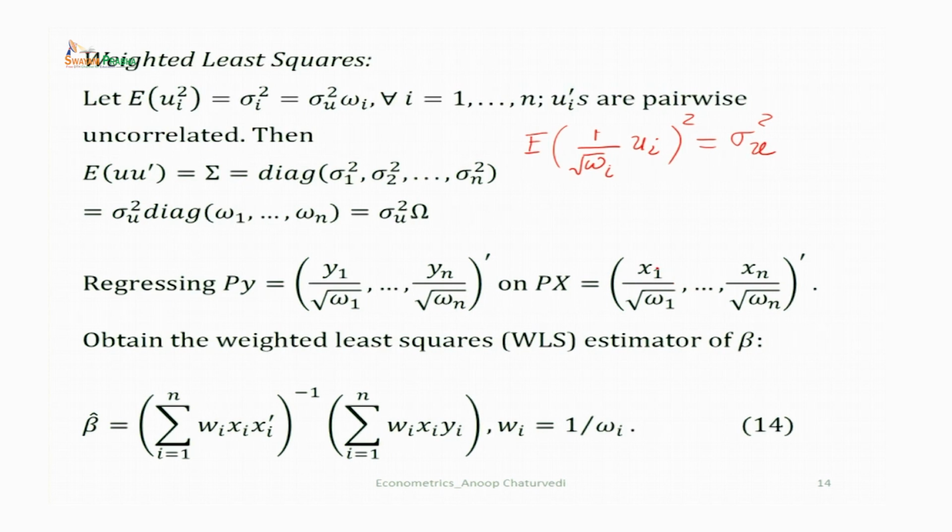Similarly, we divide x_1 by under root omega_1 and so on, x_n by under root omega_n. So, basically we get Py and Px, where P is a diagonal matrix with elements 1 upon under root omega_1, and so on, 1 upon under root omega_n.